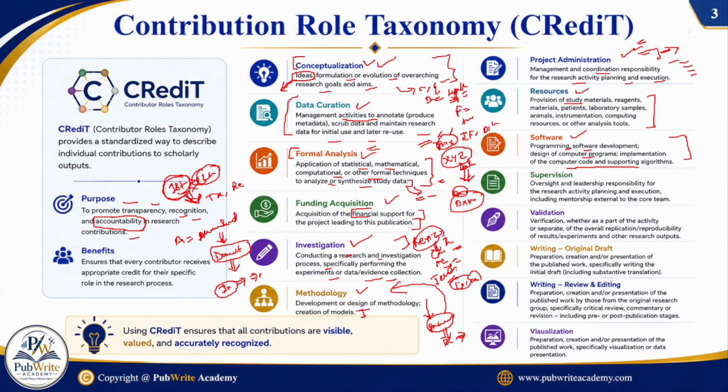To simplify, if there is any designing, developing, testing, debugging, documenting, or sharing of any code, software, or digital infrastructure, you need to put it into software. If any author is involved in such activities, we can directly annotate that this author is involved in software.